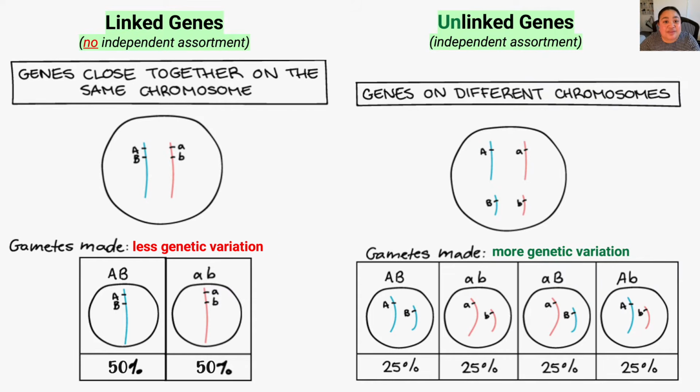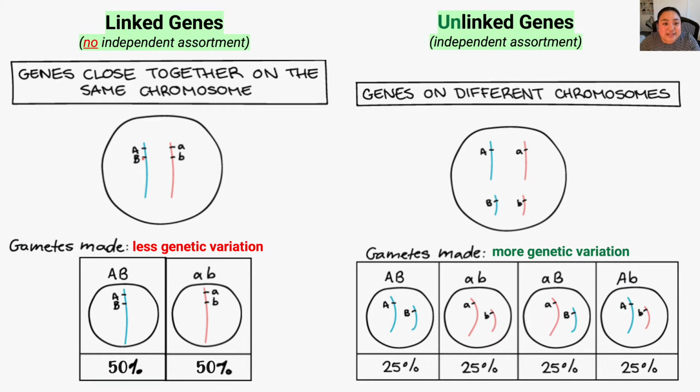So when we put the linked genes and the unlinked gene scenario side by side, we can see that linked genes, so genes on the same chromosome, lead to less genetic variation in gametes because the big A and the little a alleles cannot assort independently from the big B and the little b alleles respectively.